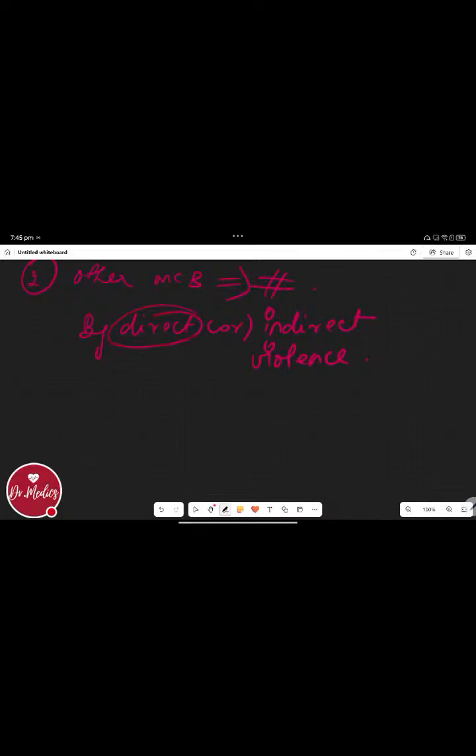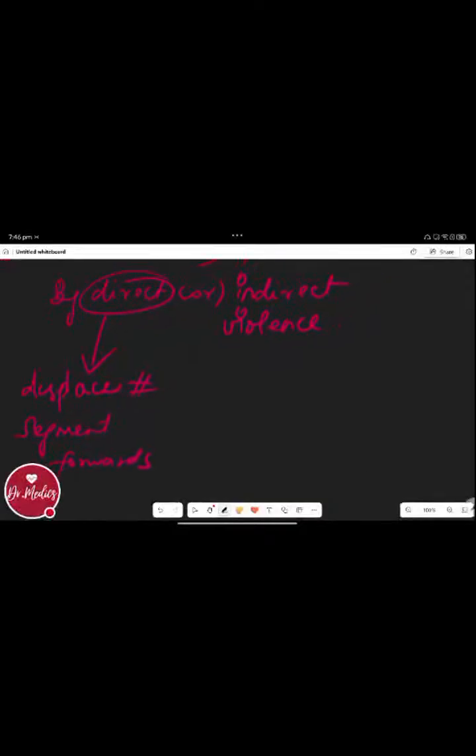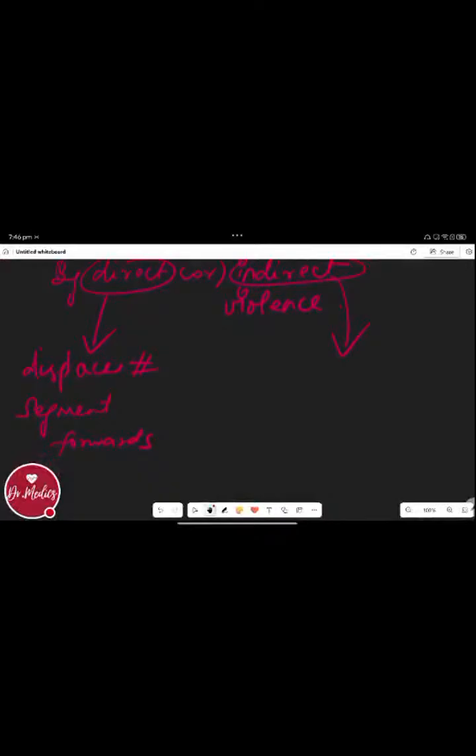The direct violence usually displaces the fracture segment forwards, and the indirect one displaces it backwards.